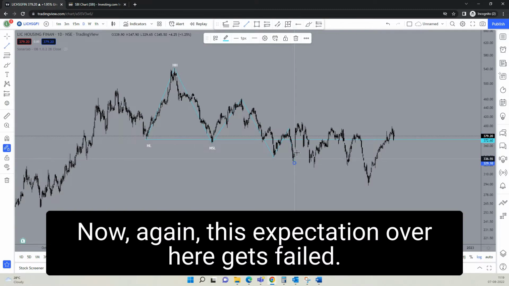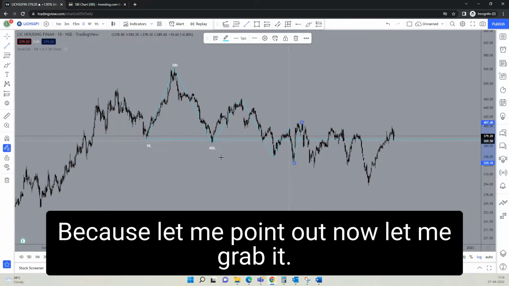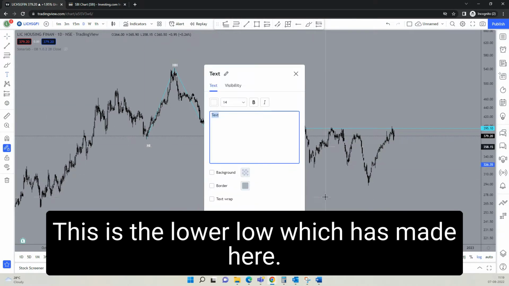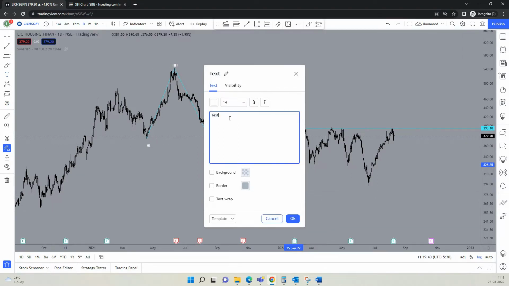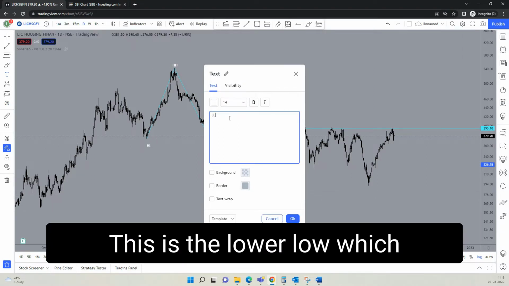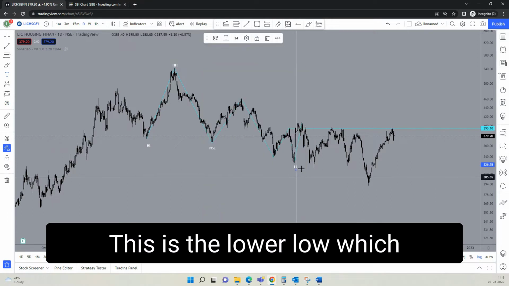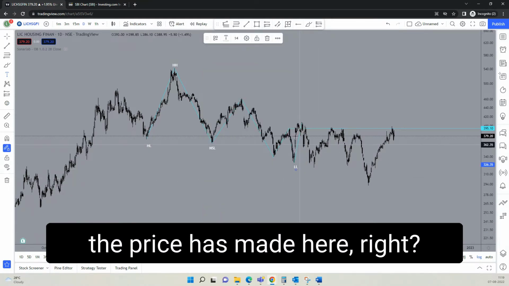Now again, this expectation gets failed because, let me point out, this is the lower low which price has made here, right?